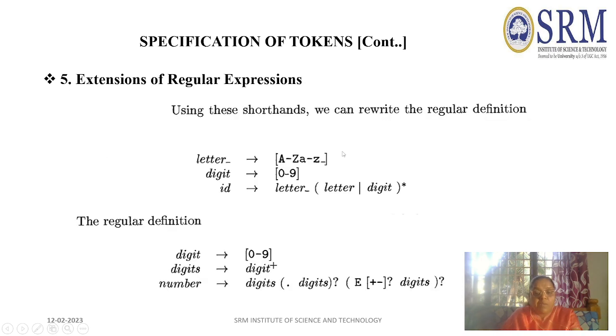So that is what has been mentioned here. So letter A to Z, small a to z, digit 0 to 9, ID is letter followed by letter or digit, the whole to the power star. So the regular definition, everything is a definition, right? Digit is 0 to 9, digits are digit plus, and numbers are like this, you can write. So this is the extensions of the regular expressions, and the regular definitions can be written like this.